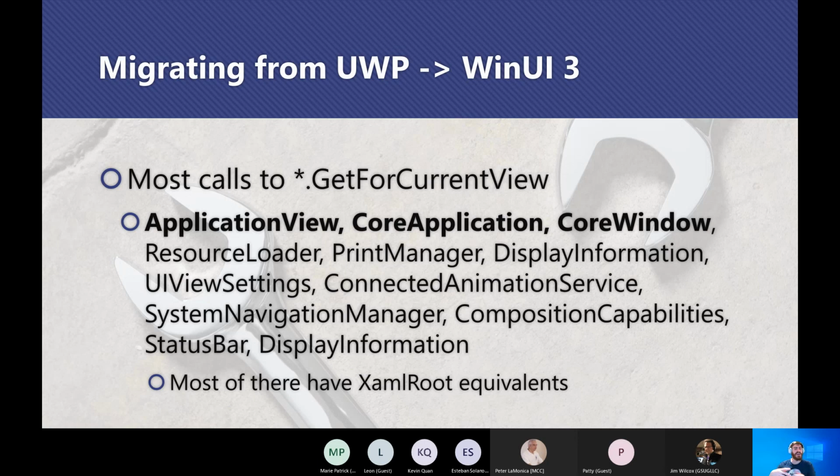So if you want to get, as one example, display information, where you can get, let's say, DPI information for the current window you're running, literally for your monitor DPI resolution, you can use, and it will still work, DisplayInformation.GetForCurrentView. But you have to be careful. That's going to work only on UWP. It's not going to work on Win32. So you have to use the XAML root equivalents.